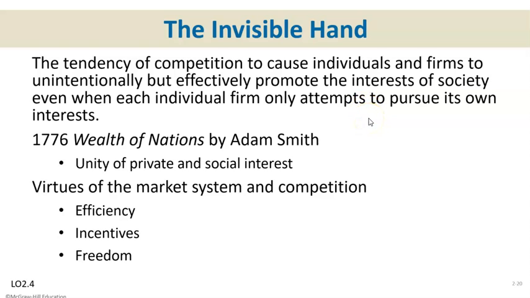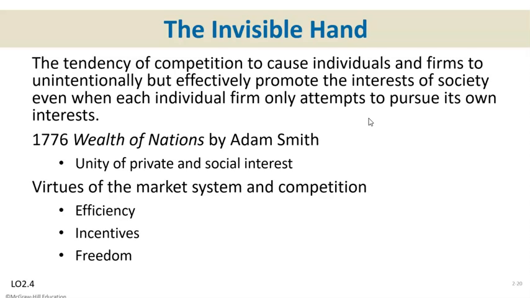The invisible hand is the tendency of competition or the market system to cause individuals and individual firms to unintentionally but effectively promote the interests of society, even when each individual firm only attempts to pursue its own interests. So here's the idea.